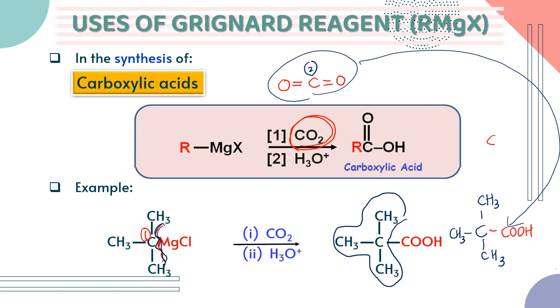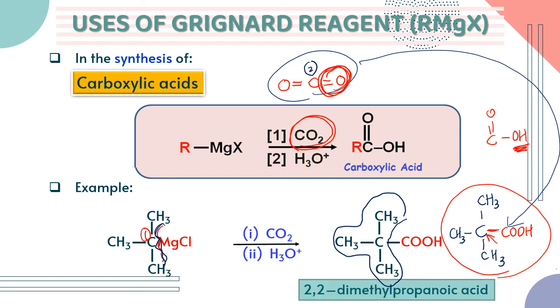COOH is C double bond O, OH. So what happened actually, one of the double bond O is changed into OH over here, and then the carbon will be bonded to the one from your Grignard reagent over here. So you will get right here your carboxylic acid, 2,2-dimethyl propanoic acid.